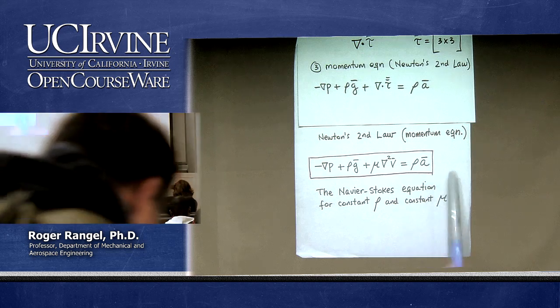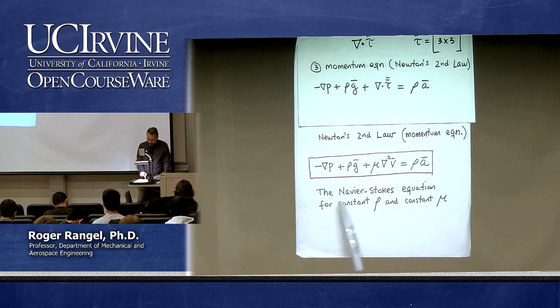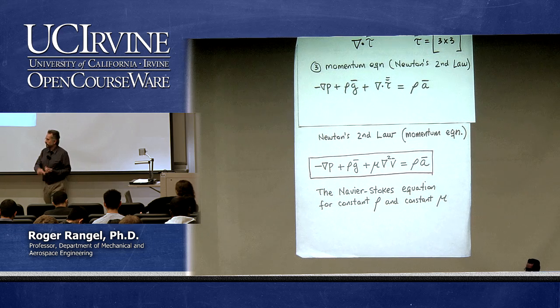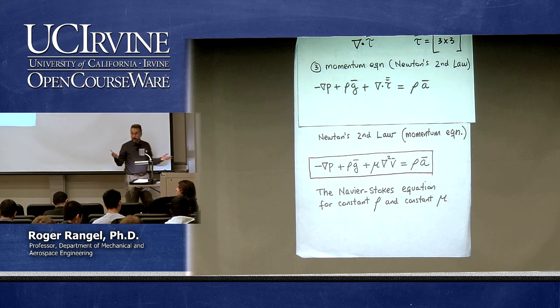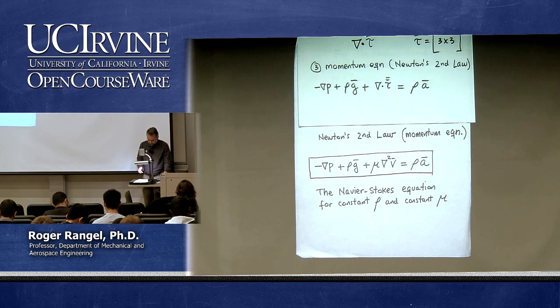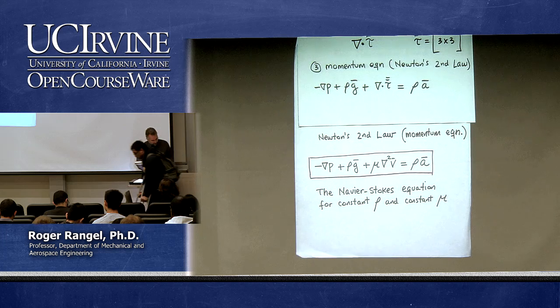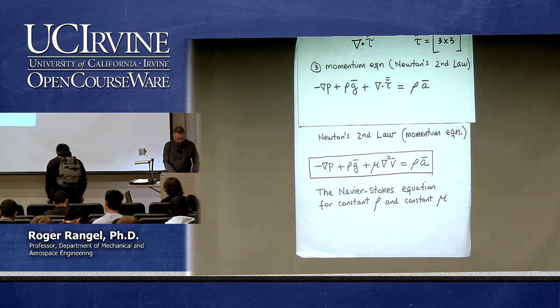And that's, if you remember, what is known as the Navier-Stokes equation. So the Navier-Stokes equation, also referred to as the momentum equation, is nothing but an expression of Newton's second law for a Newtonian fluid, which is deforming and moving. So that's going to be our starting point today, this equation that we had seen before.